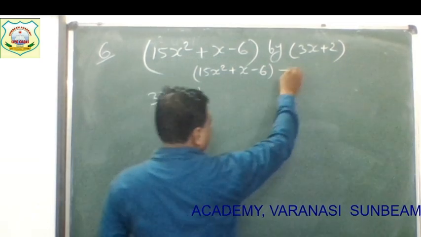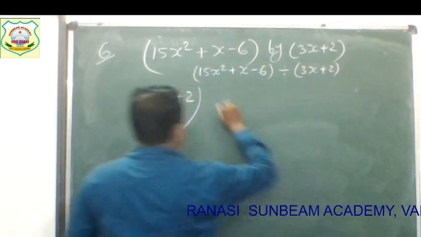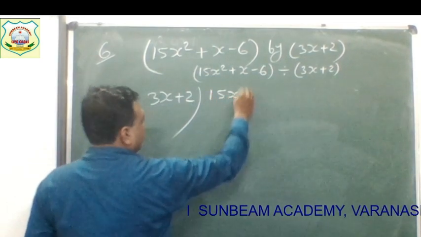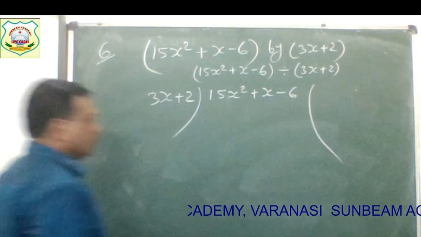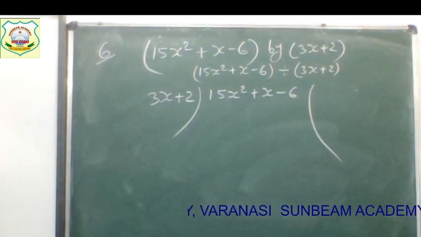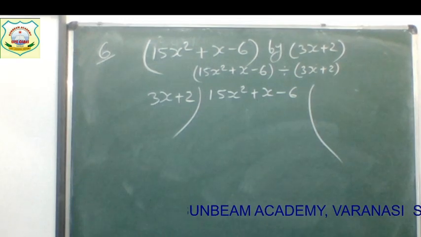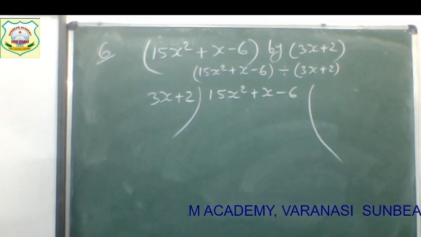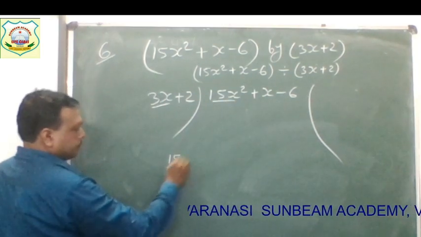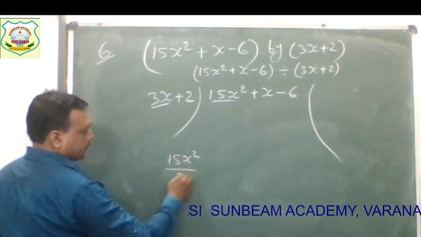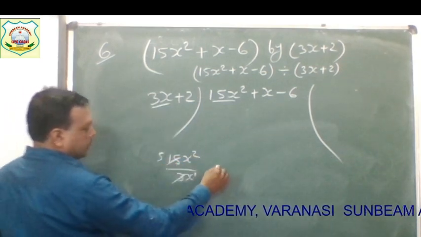It means this is the correct form: 15x square plus x minus 6. Students, the first part of the divisor is 3x and of the dividend is 15x square. So 15x square upon 3x. 3 into 5, 5. 2 minus 1, that is 1.